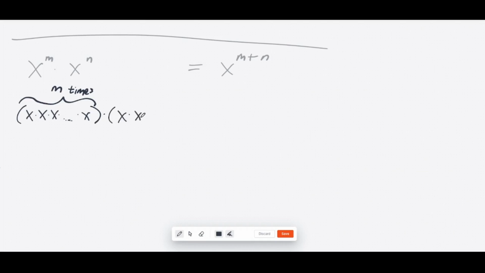So x times x multiplied by itself n times. And if you count these up, well, we have m x's right here, and then we have n x's after that. So clearly, if we add those together, we should have m plus n x's, which is by definition x raised to the power m plus n.